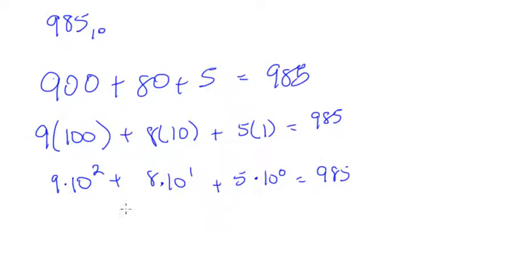So now the key to understanding here is that this is our base. Let me highlight this for you. This is our base, and this remains the same no matter where we are. This base is still 10 everywhere in this number. The only thing that changes is the exponent that we raise the 10 to. Here you can see it goes from 0 and it increments by 1 all the way up.